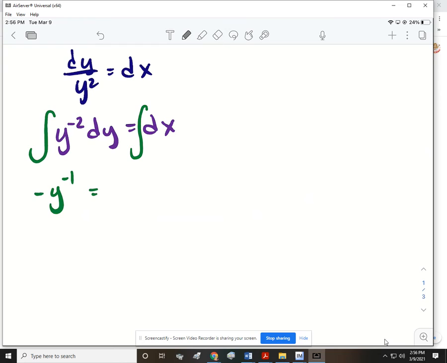And then the integral of dx is just going to be x plus c. I'm going to do one more step, and we're going to put in the initial condition really early. So negative y to negative 1 is negative 1 over y.